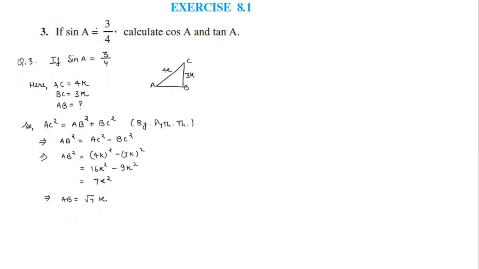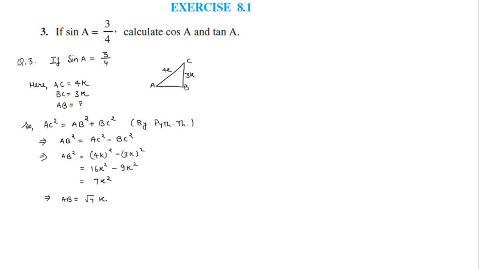Okay, so next I would like to discuss question number 3. Here we have been given sin A is equal to 3 by 4. We need to calculate cos A and tan A. When you have some ratio, then we can find the proportional sides. So I have taken sin A equal to 3 by 4.